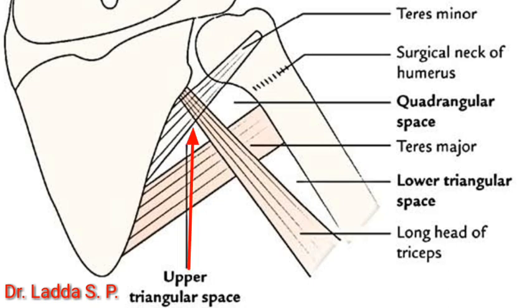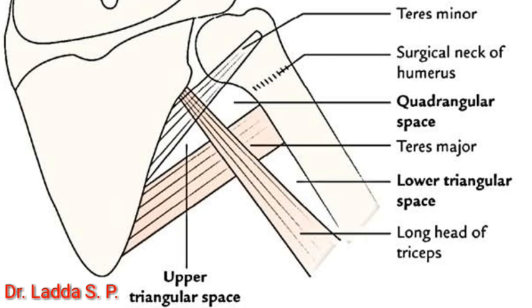Now the next, the upper triangular space. If you look at the figure carefully, the upper triangular space is a little different compared to the lower triangular space. See, the apex of the upper triangular space goes toward the scapula, and the apex of the lower triangular space goes towards the elbow.